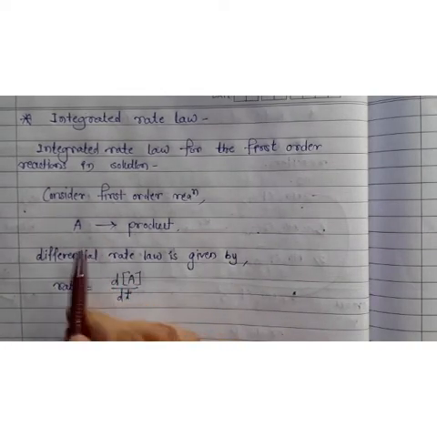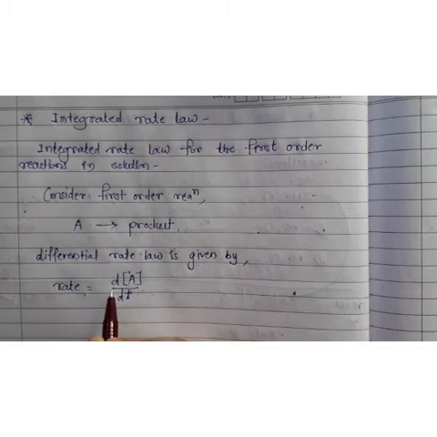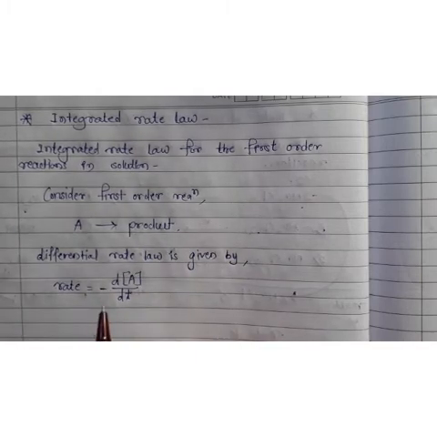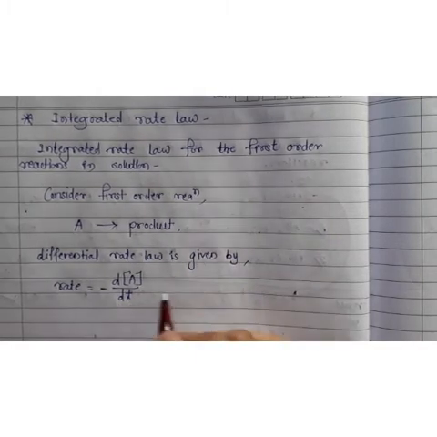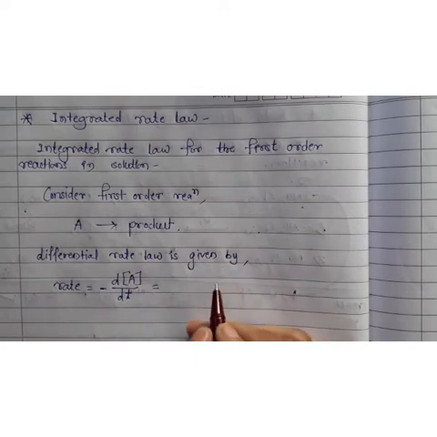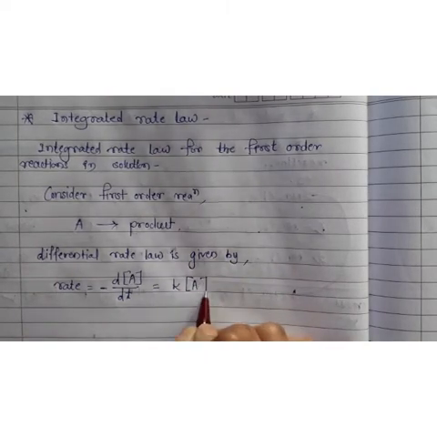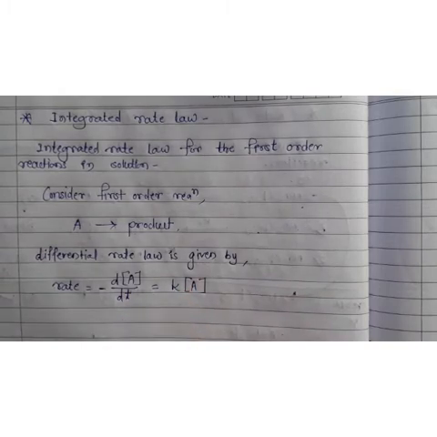But A is a reactant, so it is going to be consumed, so the concentration of A is going to decrease, therefore we write a negative sign. From this equation we write the rate law: rate law is equal to k[A]. So this is the rate law.